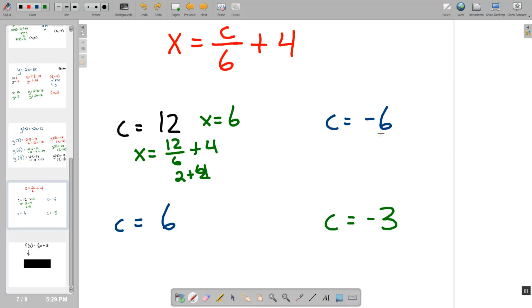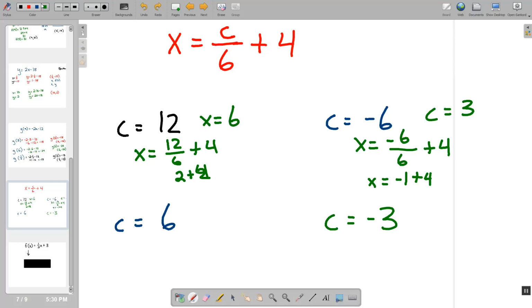Well, when c is negative 6, it's going to be the exact same idea. We're going to say x is equal to negative 6 this time, divided by 6 plus 4. Negative 6 divided by 6 is negative 1, plus 4 is equal to 3.